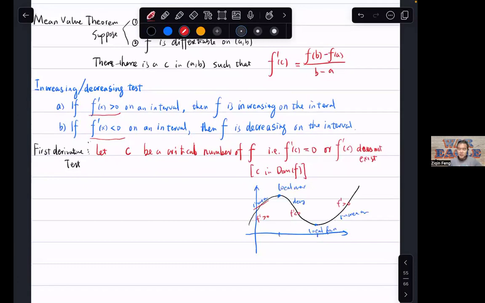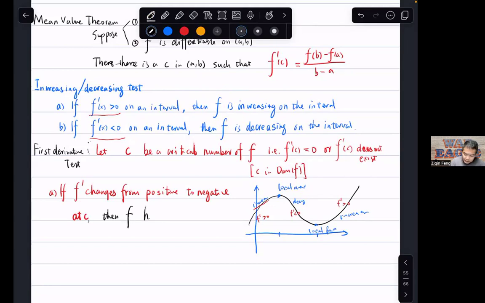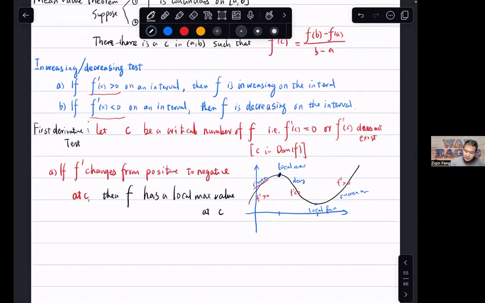So the first result here is if f prime changes from positive to negative at c, where f prime of c is 0 or undefined, then f has a local maximum value at c.